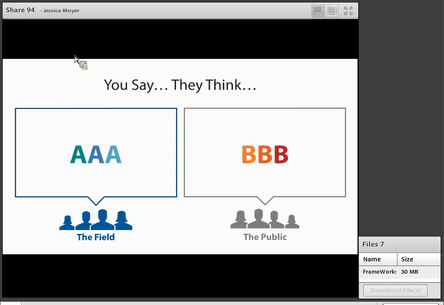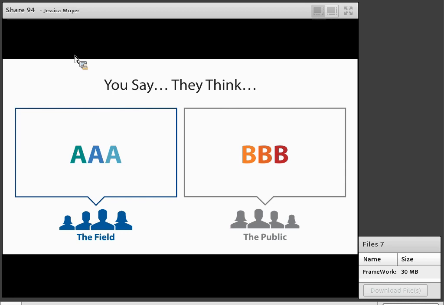But when it is received by the public and allowed to queue up various cultural models that exist already, it leads members of the public, your audience, to think something that is actually pretty different from what you said. So you're saying A, and the public is thinking B.